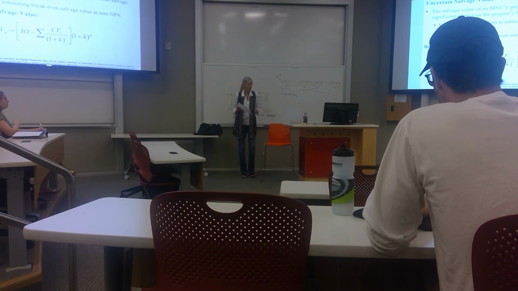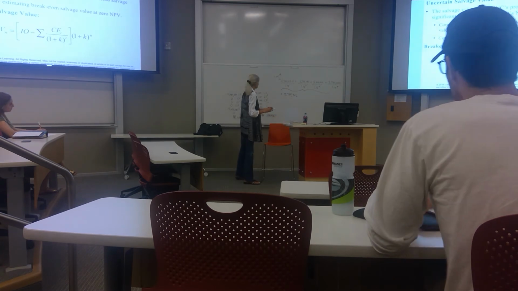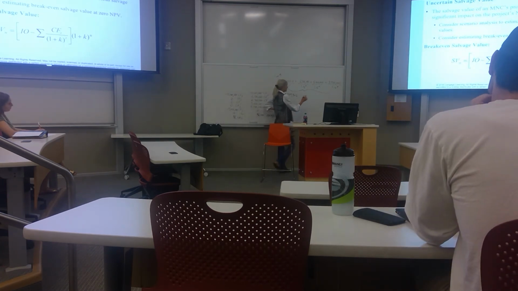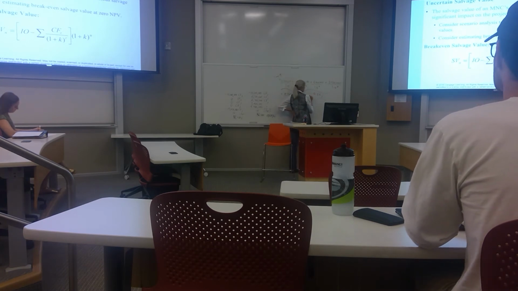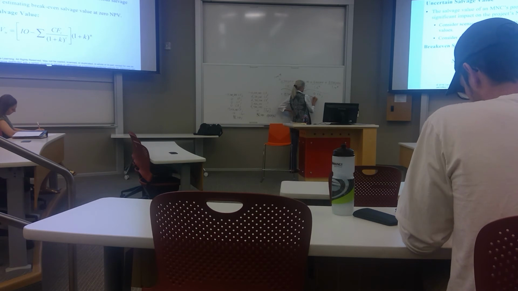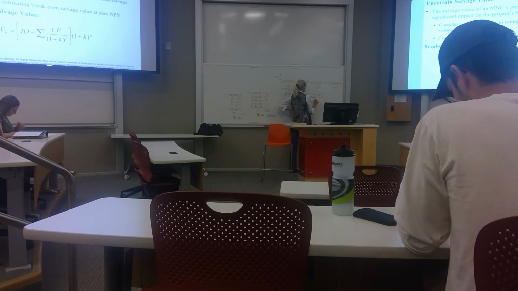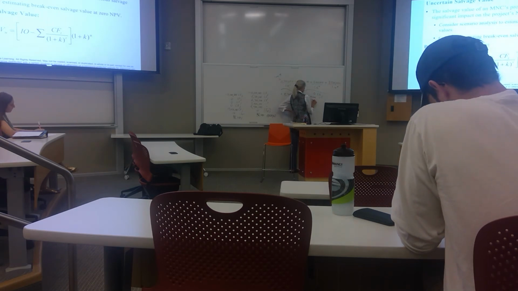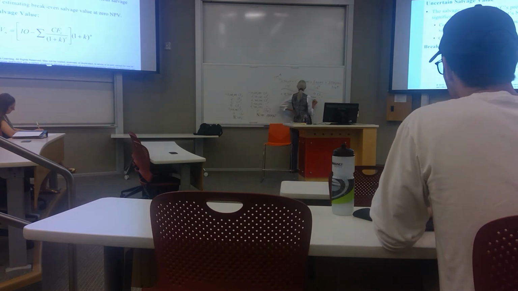So grab your calculator. I'm going to show you how to do this on your calculator. You put in 0 CFJ and then all your cash inflows.